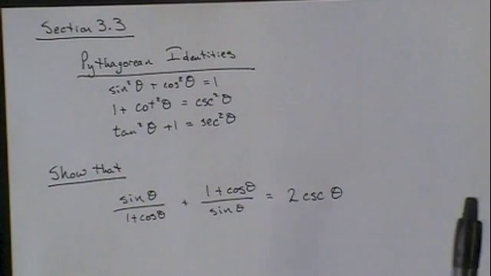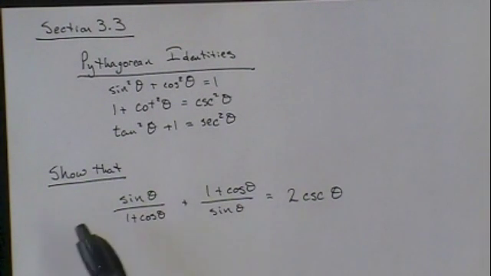We also have all of our even and odd identities that we can use, and we're going to be using these things to manipulate other equations or expressions and show some other identities that we can use.